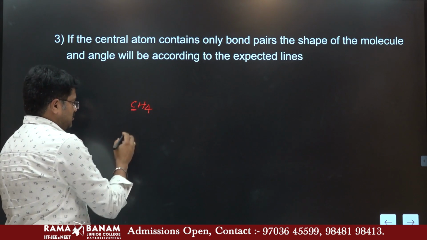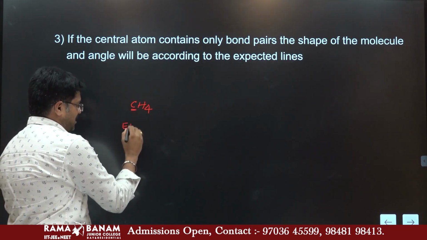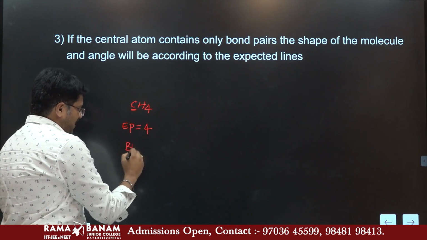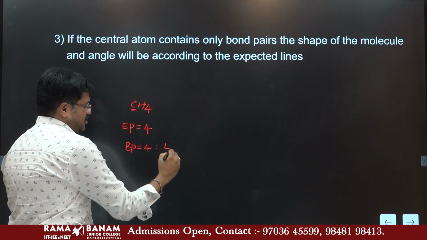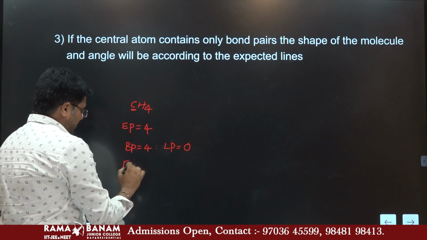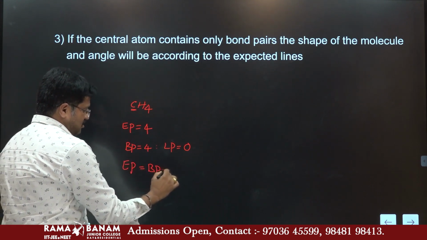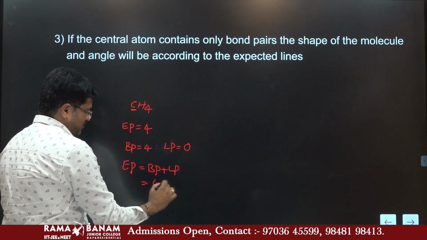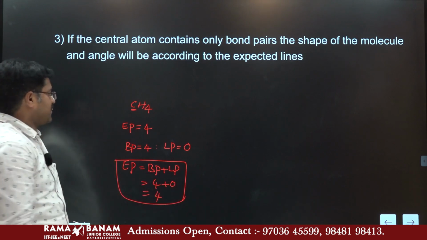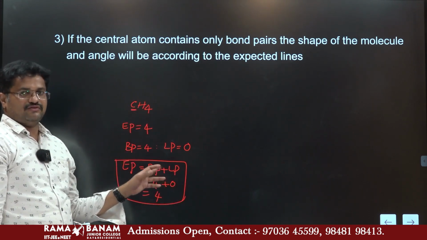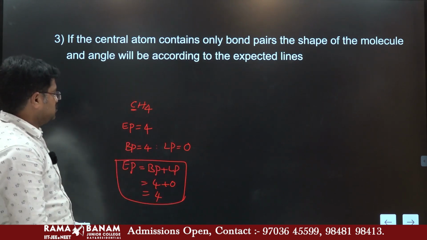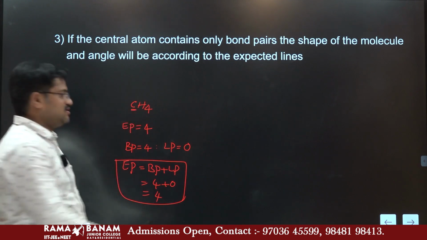In methane, the number of electron pairs equals 4. Here bond pairs equal 4 and lone pairs equal 0. So electron pairs are nothing but bond pairs plus lone pairs. Here, totally 4 plus 0, 4 electron pairs. In methane, there are no lone pairs, only bond pairs. So what is the geometry of the methane molecule? Tetrahedral.